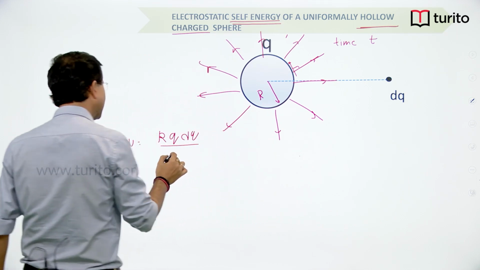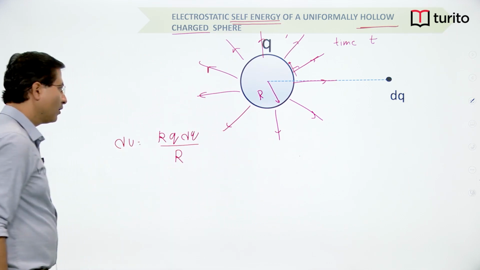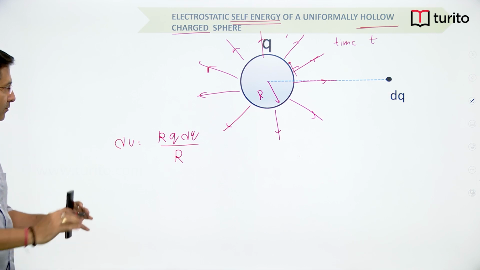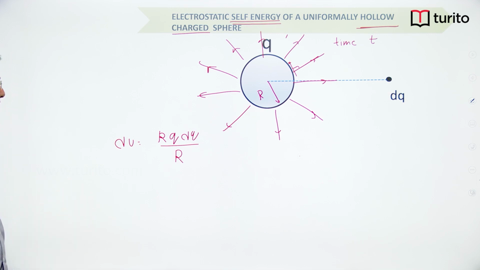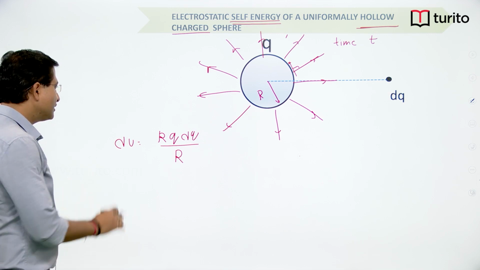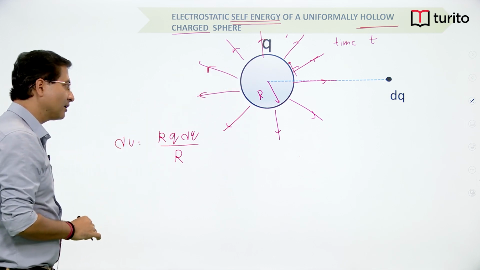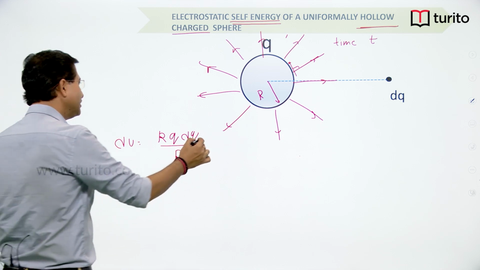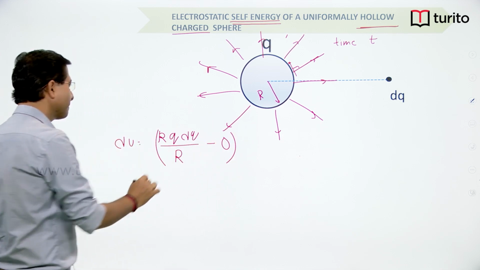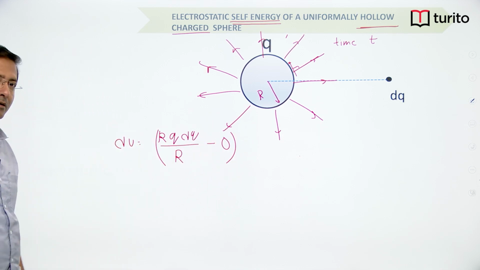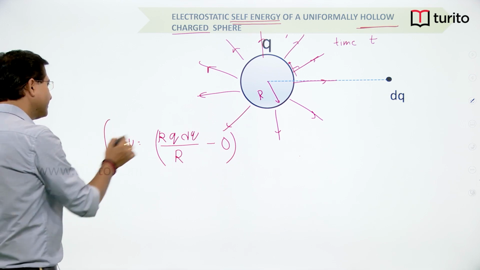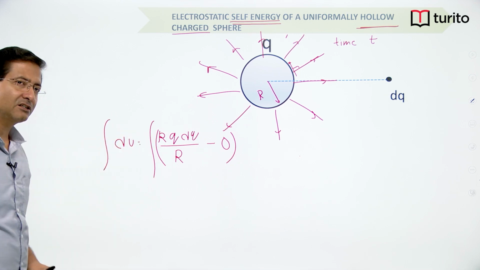You have to keep the charge always at distance r, the radius of the sphere, right. So, the change in potential energy when I am doing this is final minus initial, finally this energy and initially 0, right. If I integrate, I will get the total energy associated.